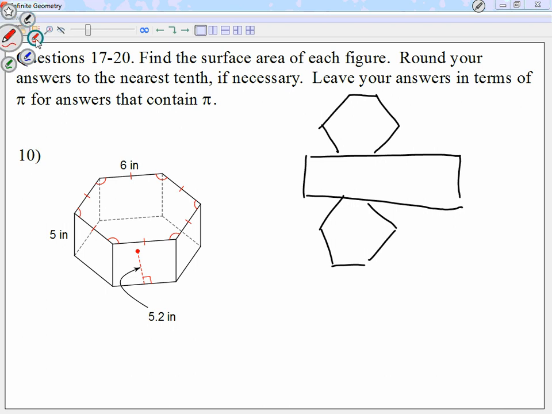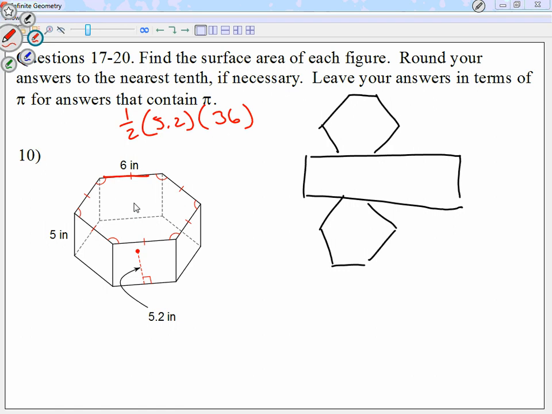So looking at the base, I have to remember how to get the area of a polygon. In this case, we're looking at a polygon, and I remember it is 1/2 times 5.2, which is the apothem, times the perimeter, which is 36. Right. Each side is 6. There are 6 sides. So 36 is the distance around the base.